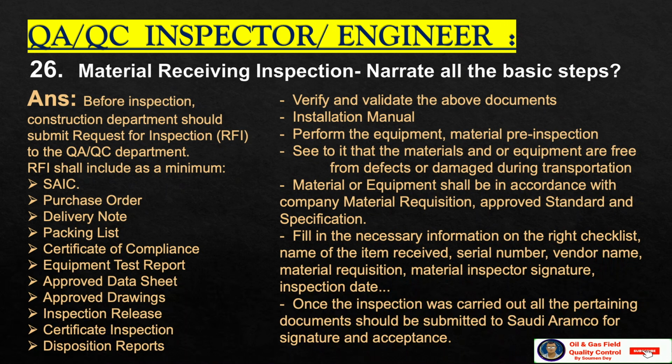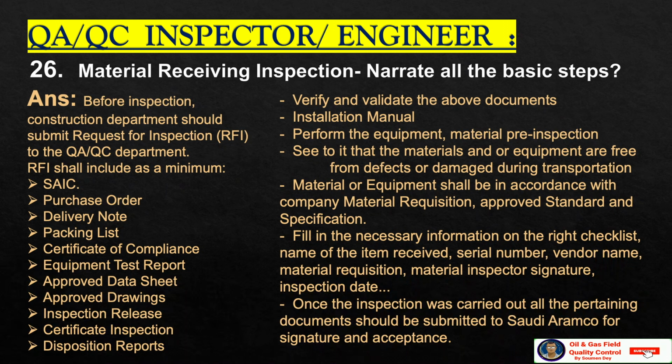Then the inspector should verify and validate all the above documents, installation manual, perform the equipment material pre-inspection, see to it that the material and or equipment are free of defects or damage during transportation.